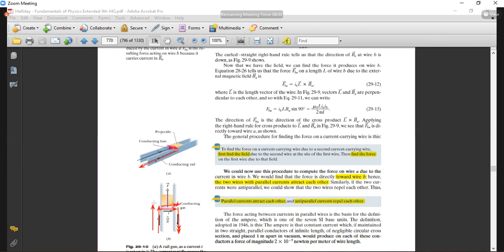Let's suppose there is a rubber between the body and the rails, then what will happen? Can current pass through it?